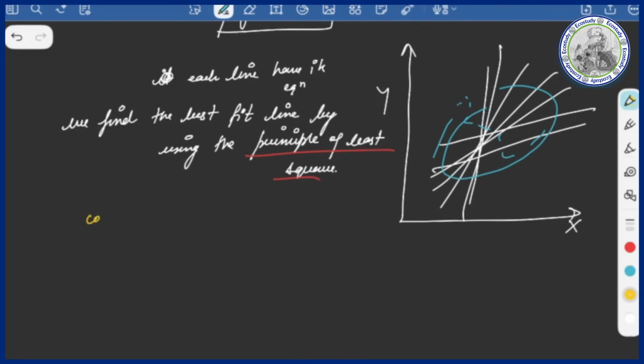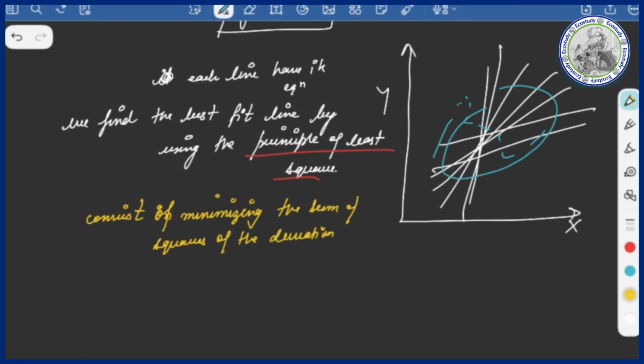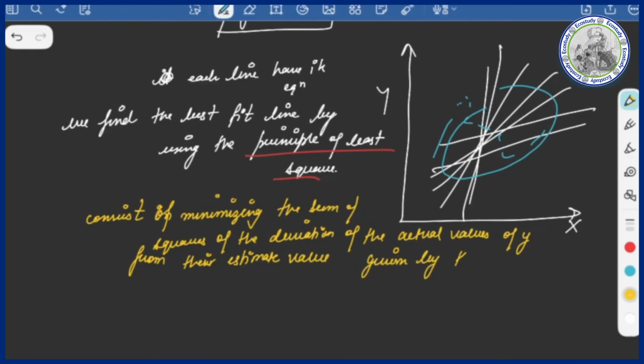The principle of least square consists of minimizing the sum of squares of the deviation of the actual values of y from the estimated value given by the line of best fit.